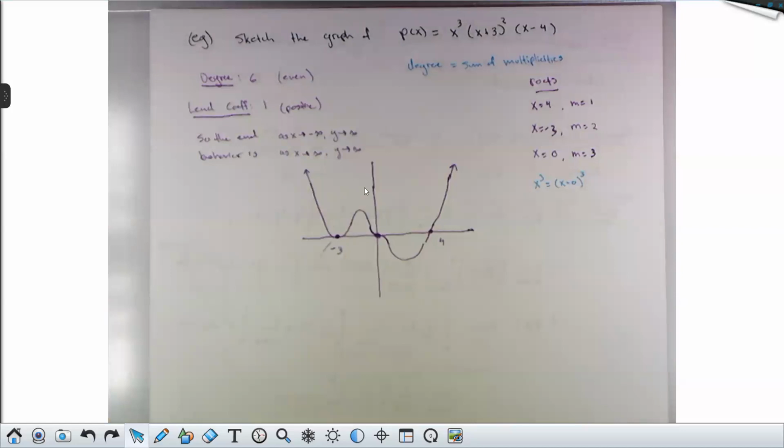Now, I haven't drawn any scale for the y-axis because I don't have a clue. This hill right here might be really tall, or it might be really short. Similarly, this valley right here might go way down, or it might just go down a little bit. But I want to draw your attention to the fact that this thing has the right shape.